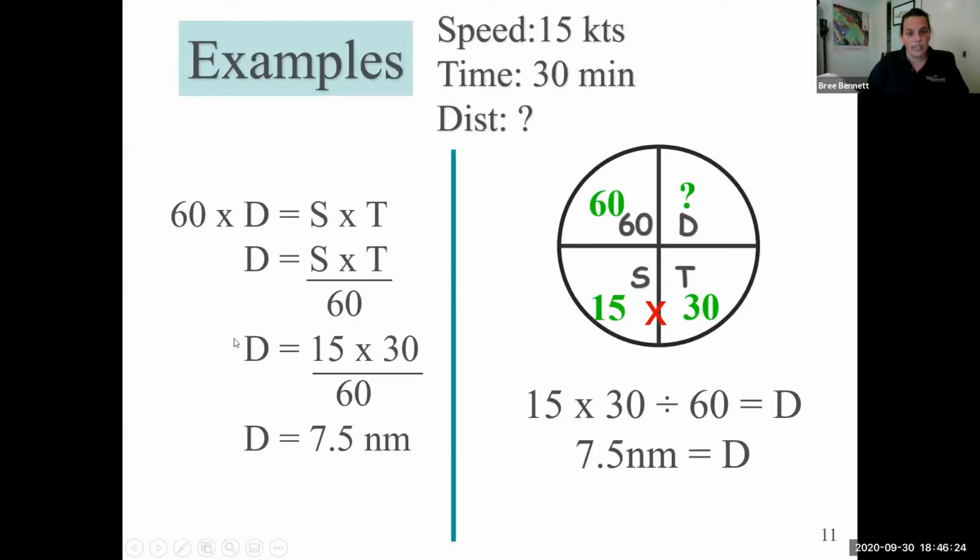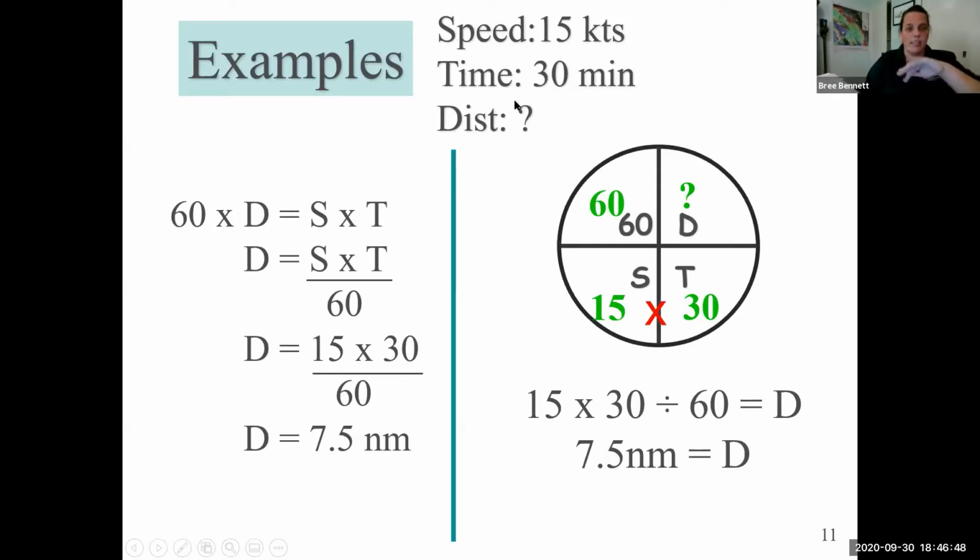Let's do an example. Our speed is 15 and our time is 30 minutes. How far did we travel? If you're traveling at 15 nautical miles per hour for 30 minutes, how far did you travel?